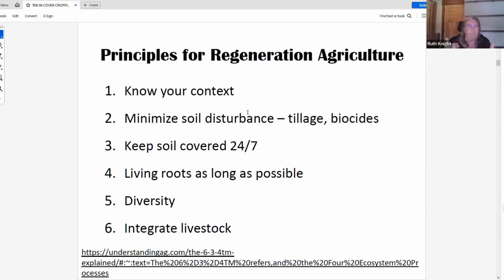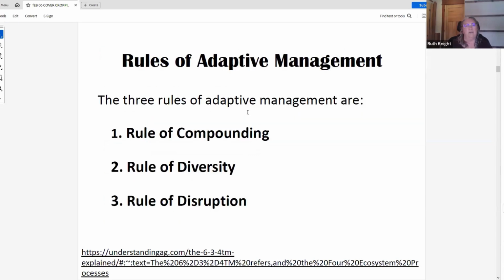So while cover crops are a technique, the principles help guide us in terms of how we can use that technique to the best advantage in improving the function of the soil, regenerating our agroecosystems, as well as achieving productivity and profitability agronomically.